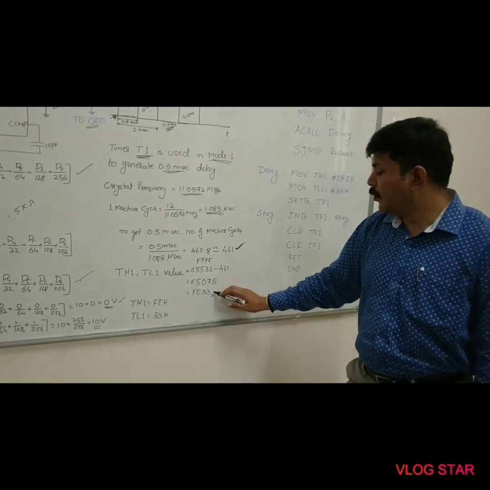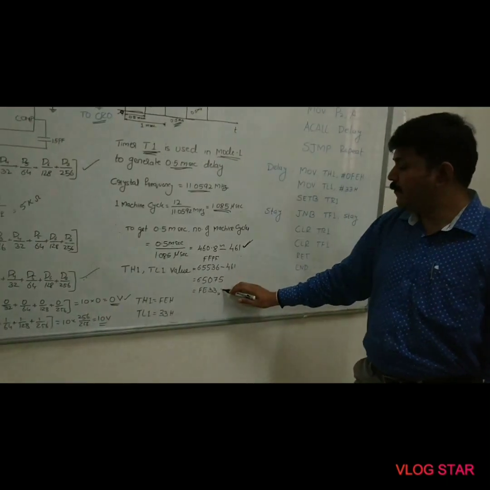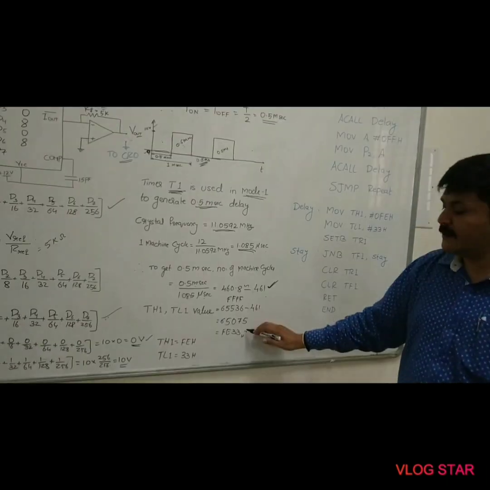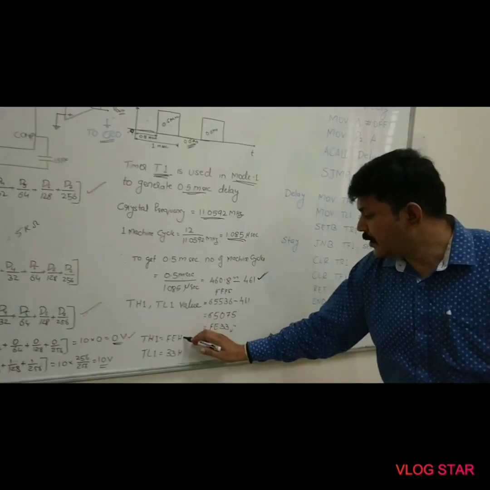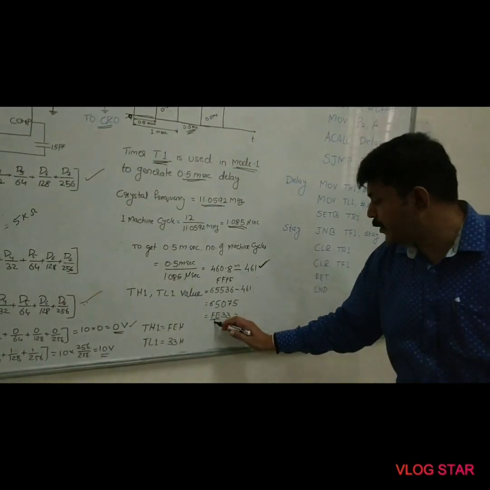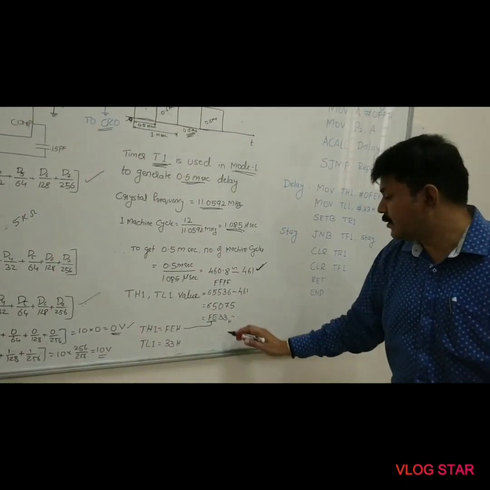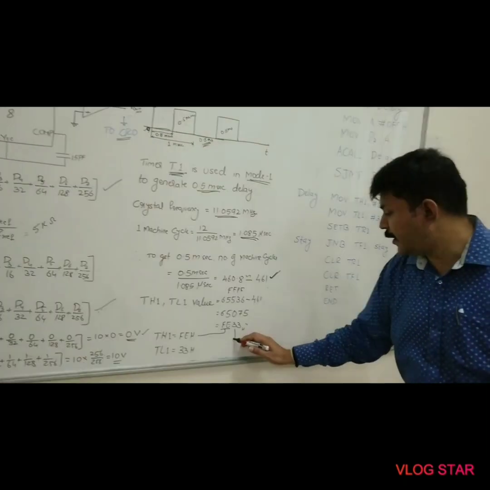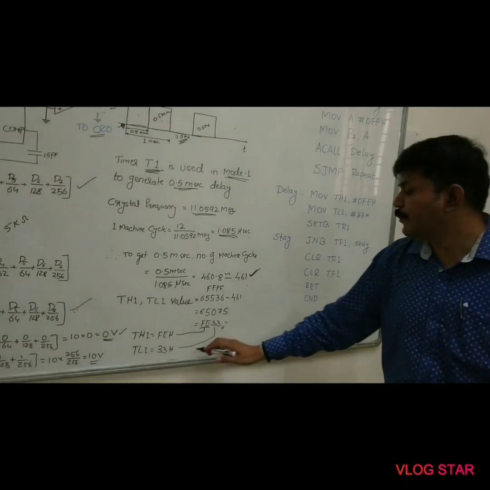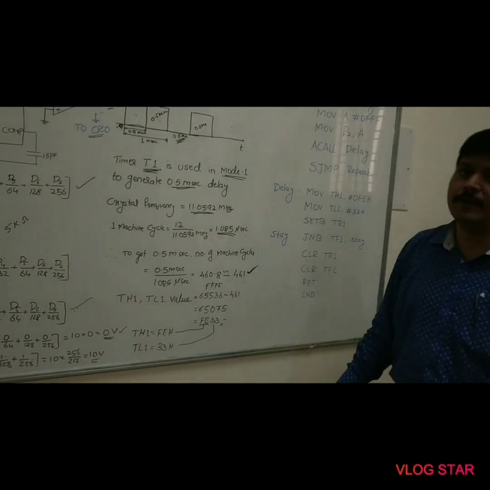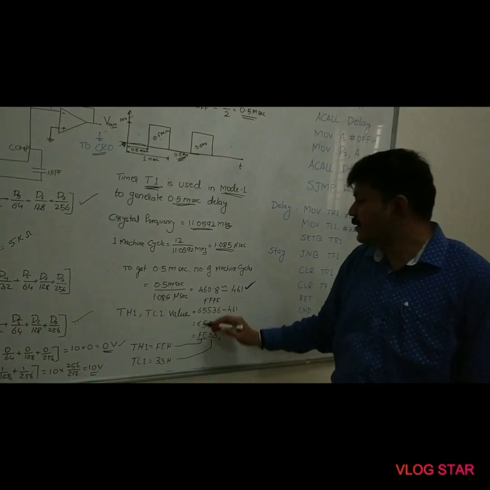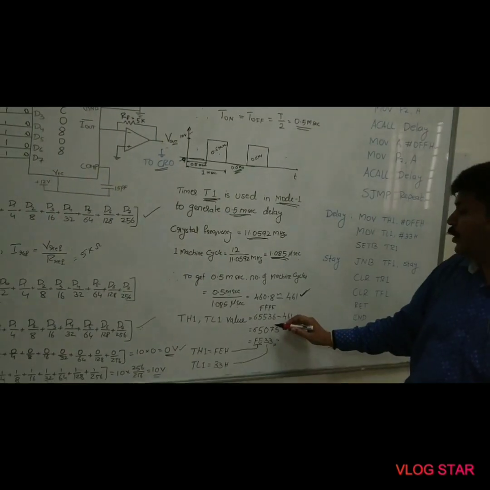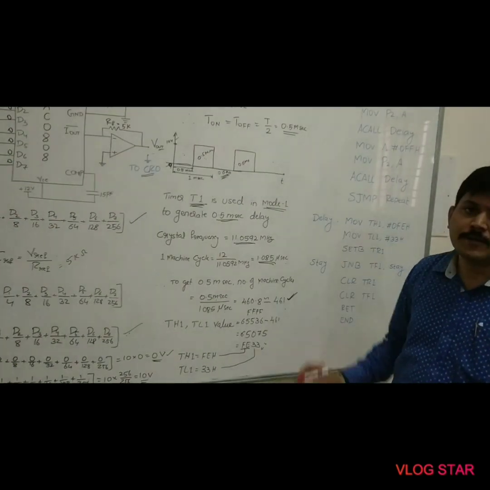This is the value which generates 0.5 milliseconds, which I will be loading in the timer. The higher byte of the value is loaded into TH, the timer higher byte, and the lower byte of the value is loaded into TL, the lower byte of the timer. Okay, so this is the calculation which I need to do in order to generate the square wave.